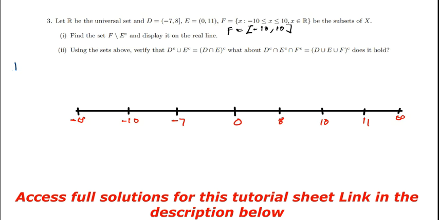So we have D complement union E complement. Then we are saying that this should be equal to the complement of D intersection E. So I want to confirm if this is true.